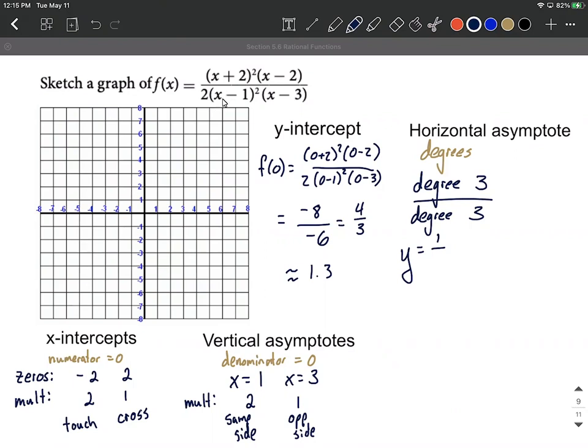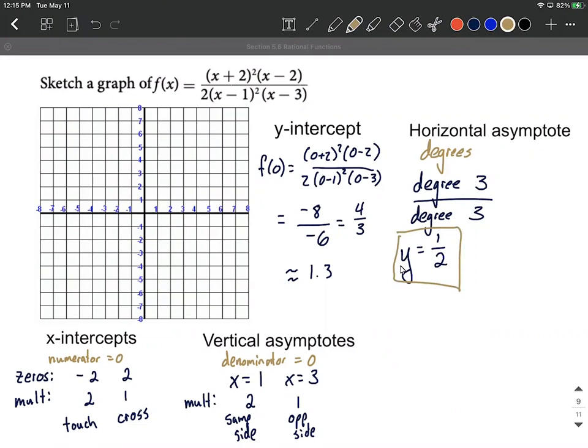The x factors would have a 1 out in front of them, but this 2 is multiplied by whatever that result is, so the leading coefficient is 2. So y equals the ratio of leading coefficients, 1 over 2. That means we're going to have a horizontal asymptote at y equals 1/2.